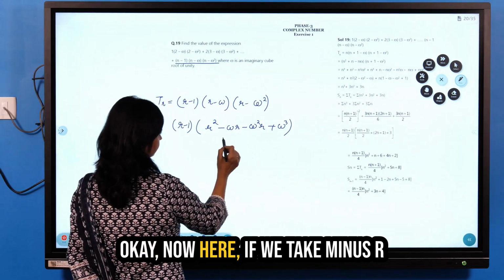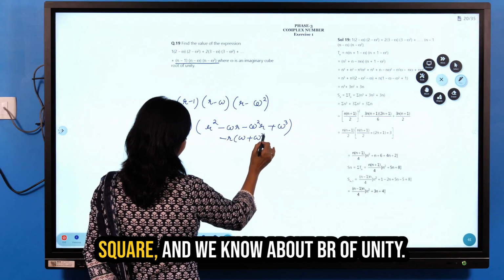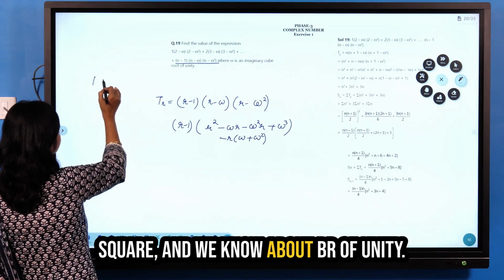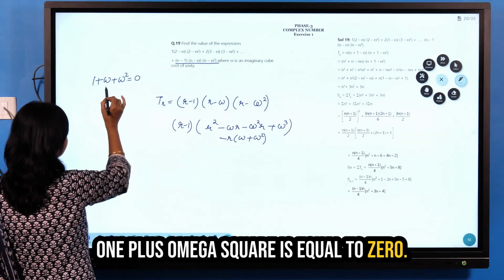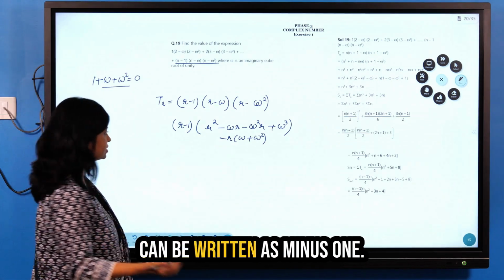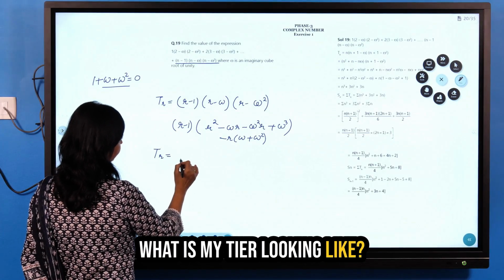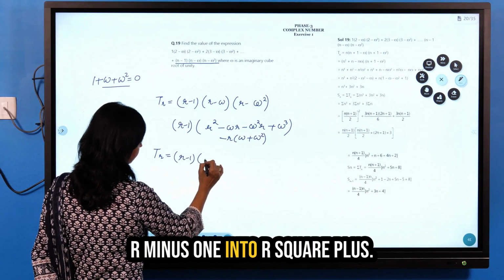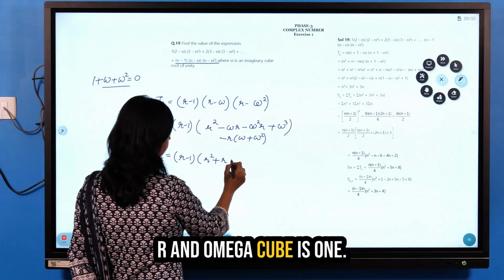If we take minus r common, we get omega plus omega square. And we know about the cube root of unity, 1 plus omega plus omega square is equal to 0, so omega plus omega square can be written as minus 1. So what is my Tr looking like? (r minus 1) into (r square plus r plus 1), and omega cube is 1.